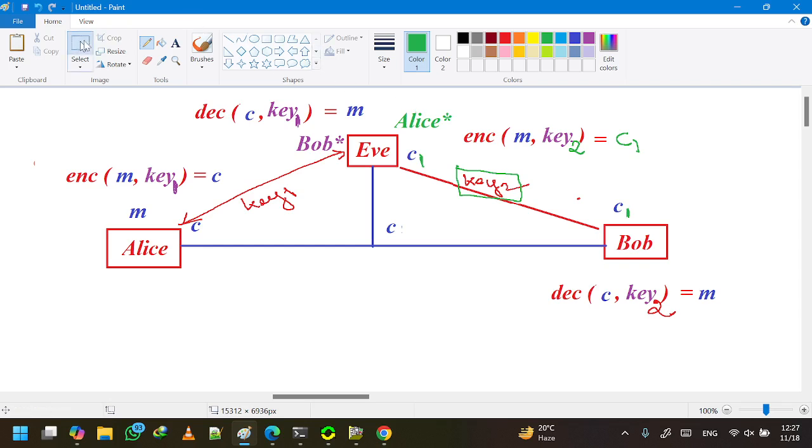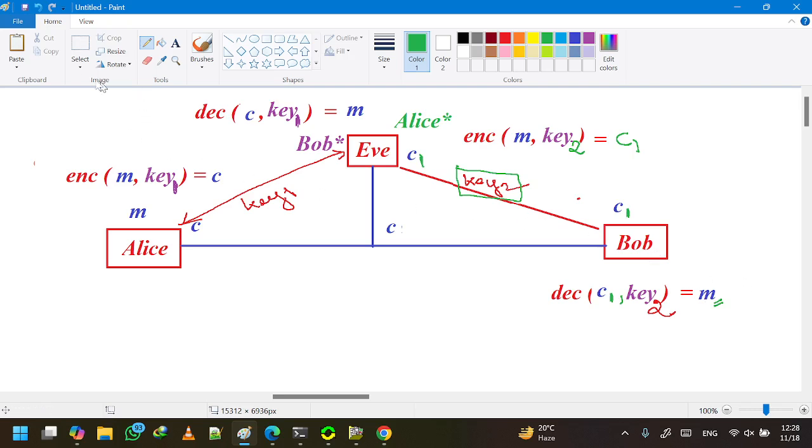Now Bob thinks that he received the message from Alice, so he will try to decrypt this C1. He puts it in the decryption function, and since he thinks that key 2 is the secret key between himself and Alice, he finds the message, and we see that the original message M is back.